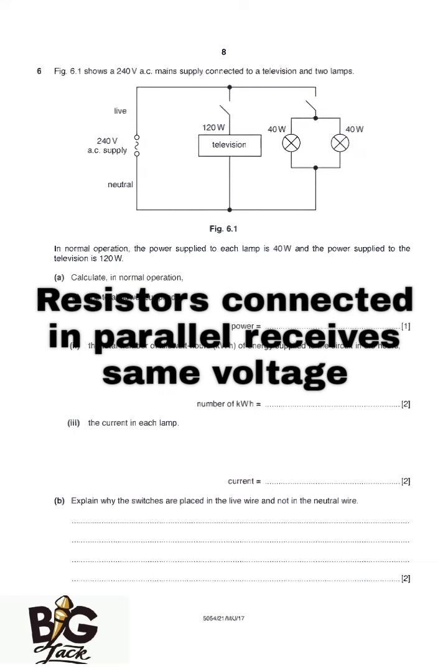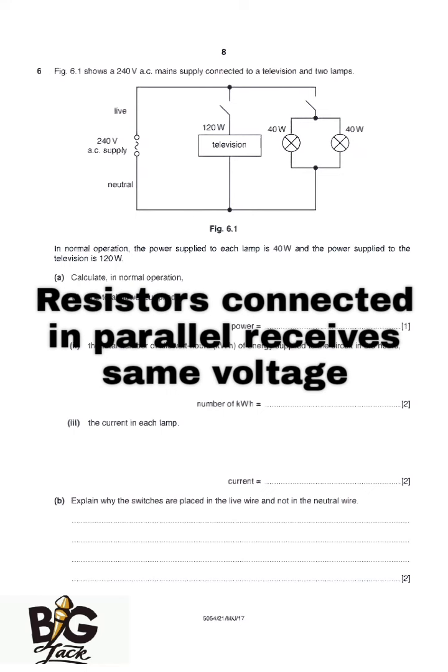So in this case, the television is going to receive 240 volts, and each lamp also is going to receive 240 volts. Apart from that one, we also have the live wire and also the neutral wire.